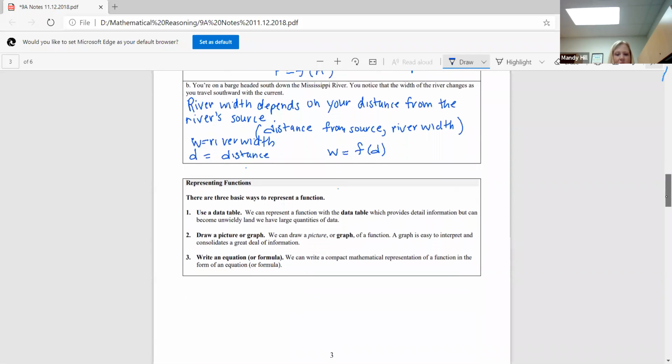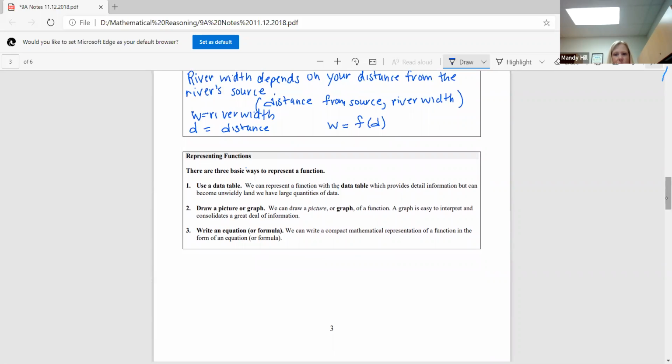There are three basic ways to represent a function. You can use a data table. We can represent a function with a data table.